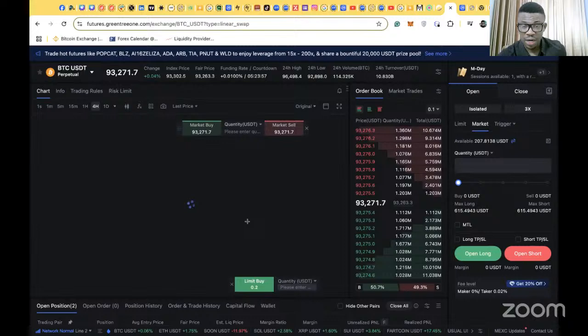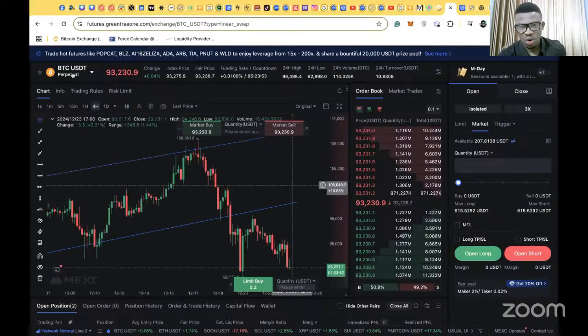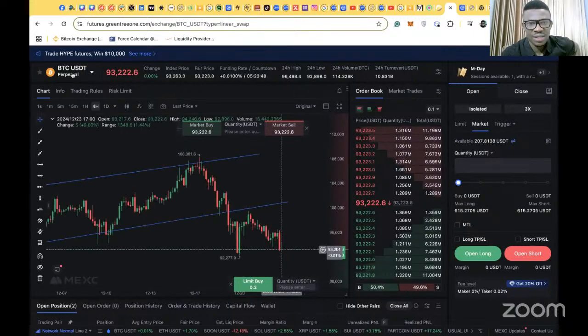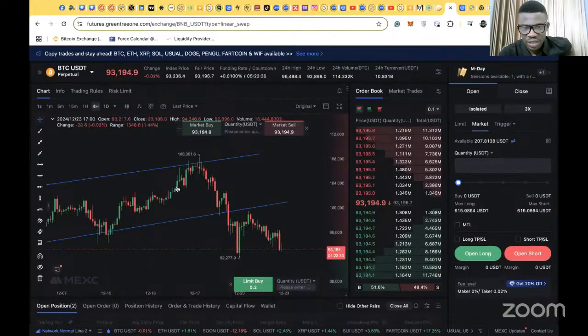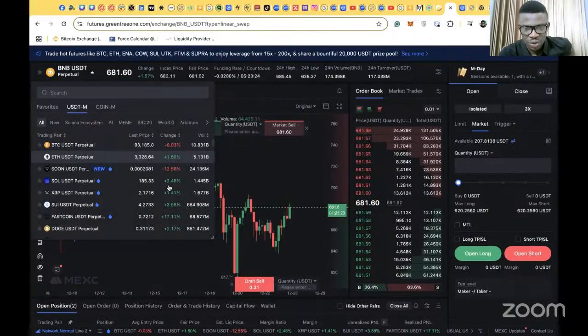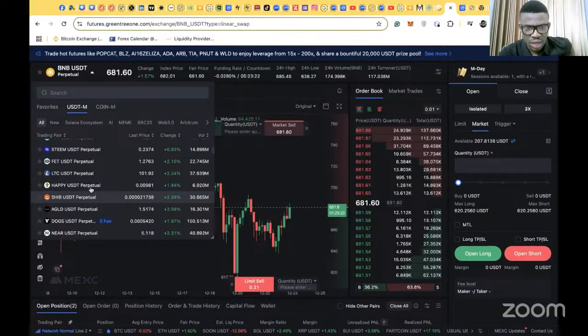So all of these small checks we have done technically is telling us that none of these assets is in the proper structure for us to look for a buy entry. So what I'll just do now is just pick anyone that is closest to what we are looking for. I would not even go with BNB because of the price. Solana is even quite cheaper. So that's the issue we're having with trying to set up the risk.